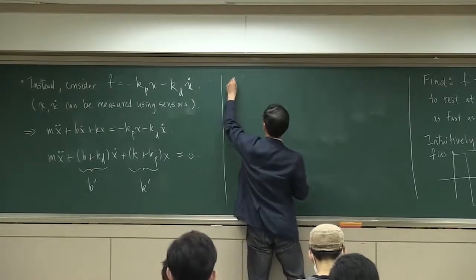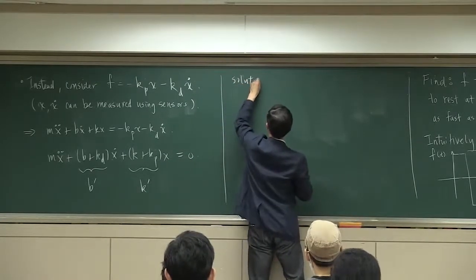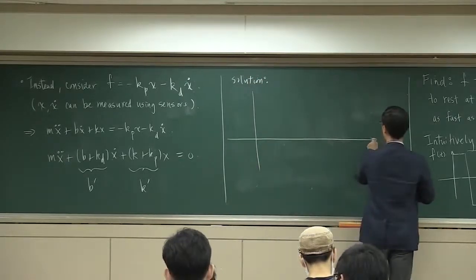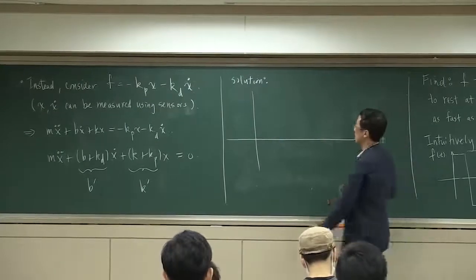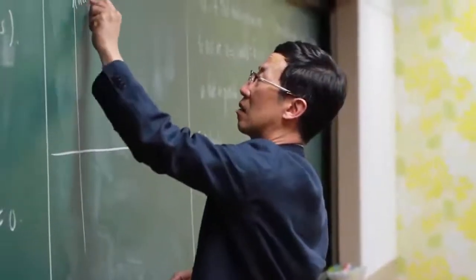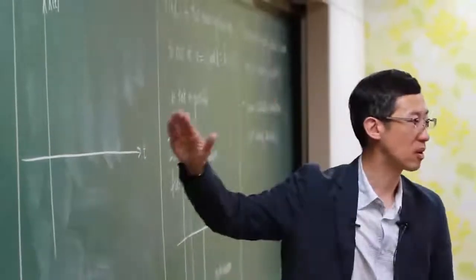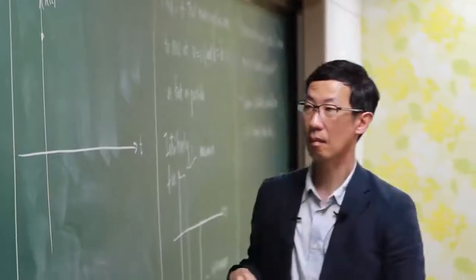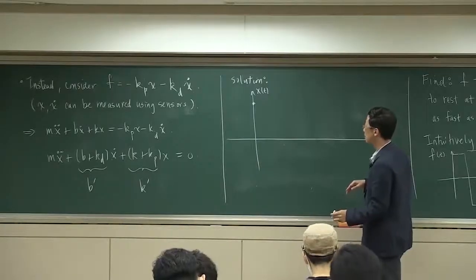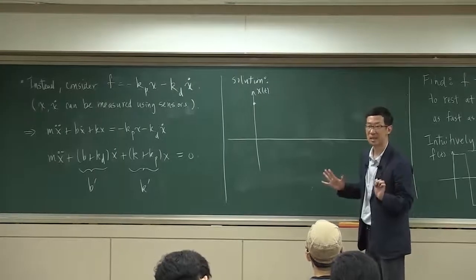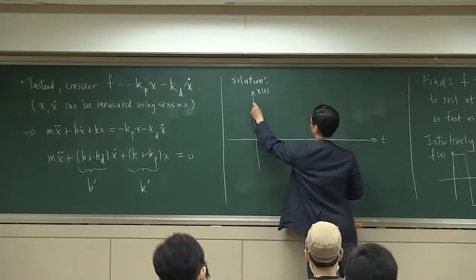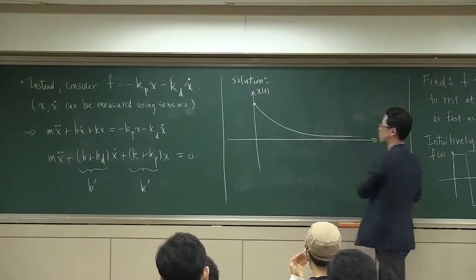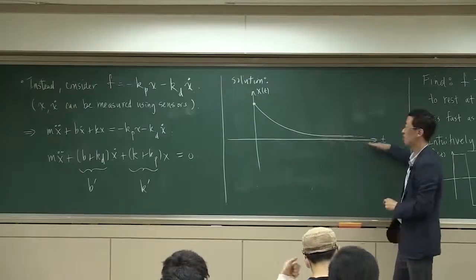If you plot the solution as a function of time, here's t, here is x of t. Remember, we want to make this go to 0, right? So let's say it starts up here somewhere. In the best case, this graph goes exponentially toward the origin, eventually approaching 0 as t goes to infinity.